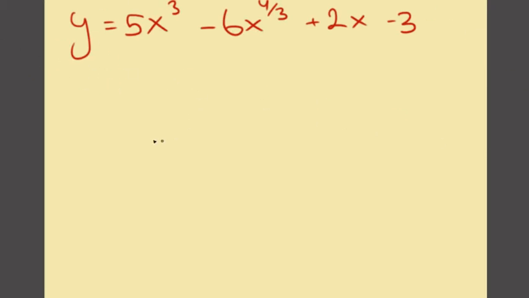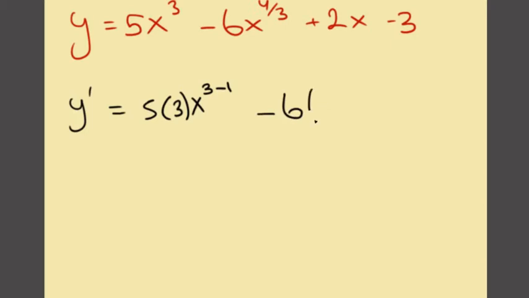Again, using the same basic rule, y dash is equal to 5 multiplied by 3, x to the power of 3 minus 1, minus 6 multiplied by 4 over 3, x multiplied by x to the power of 4 over 3 minus 1, plus 2 multiplied by 1, remember there's a 1 over here but we just don't write it down, x to the power of 1 minus 1.